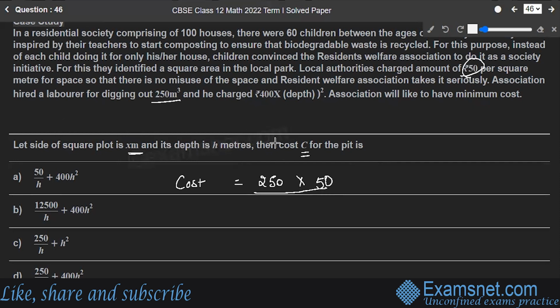Now, this is divided by the height h in meters, plus 400 rupees multiplied by h square.